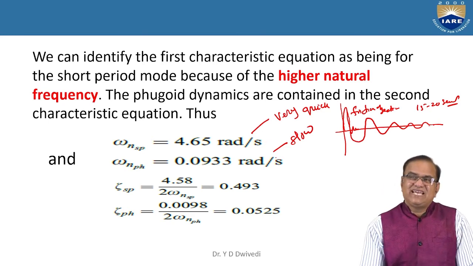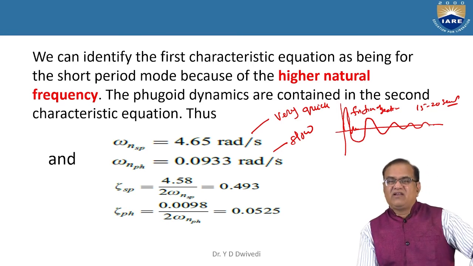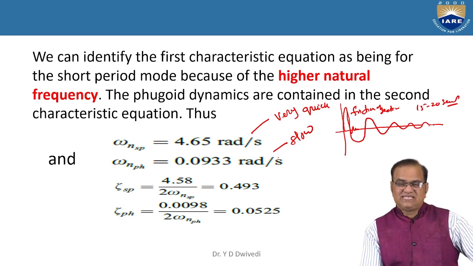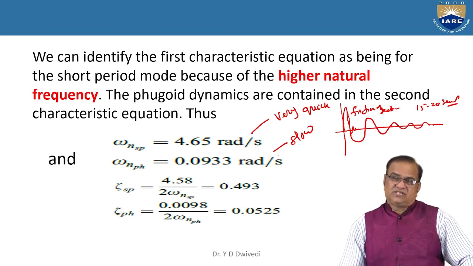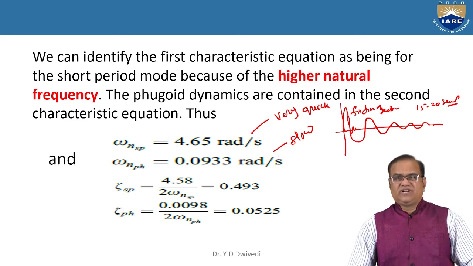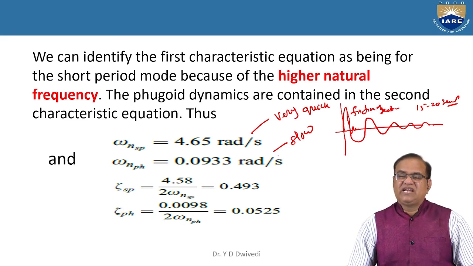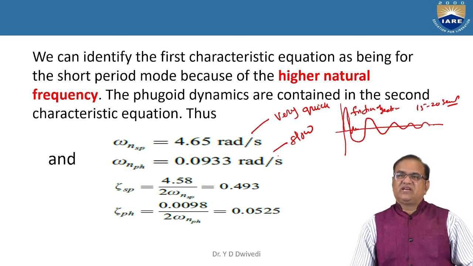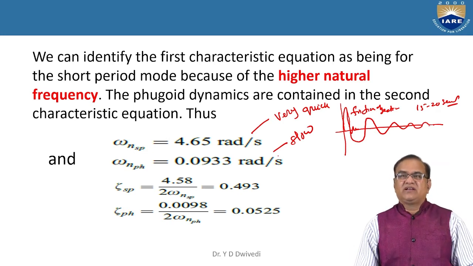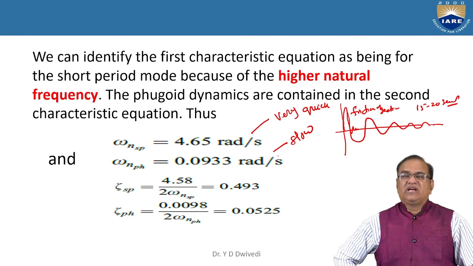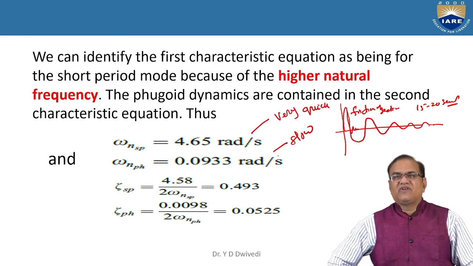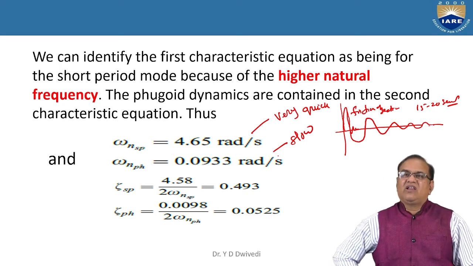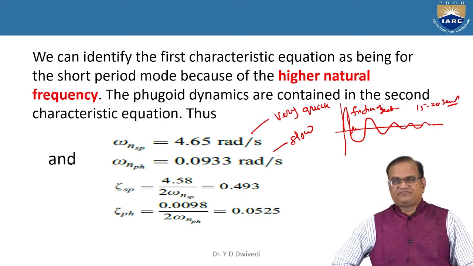By seeing the equation and their omega n, we can find out that it is an oscillatory motion, because we are getting two conjugate roots, and this shows that it is a vibration. If the frequency is high, that is called the short period, and if the frequency is very low, then it is a long period and it is called the phugoid.